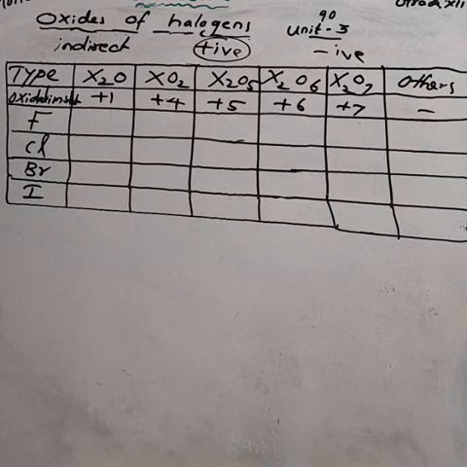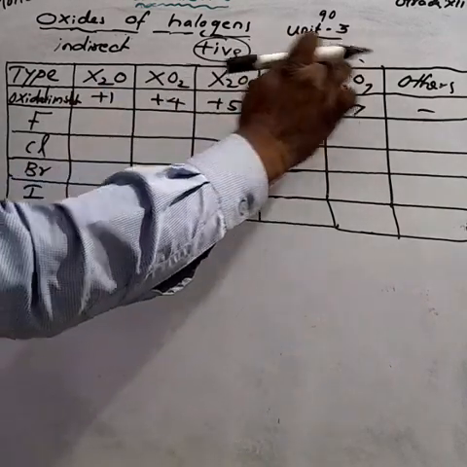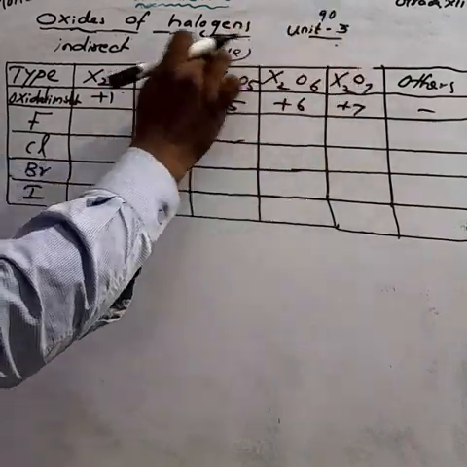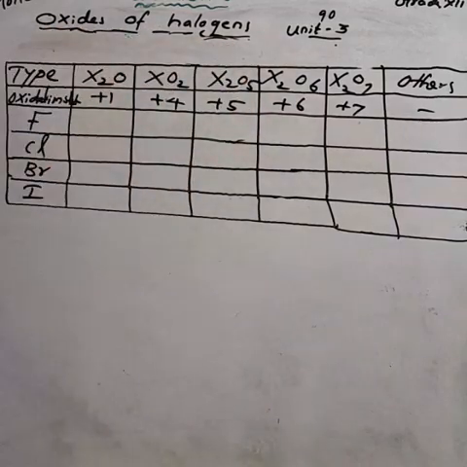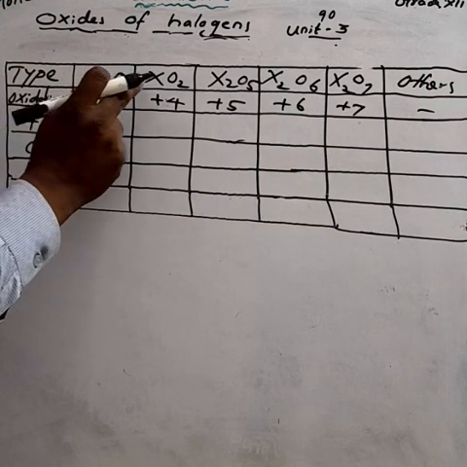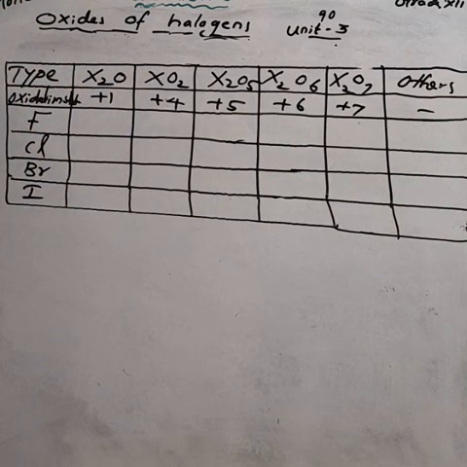Dear children, please look at page number 90. They have one tabular column. They have explained the types of oxides of halogen. Here there are 5 types.